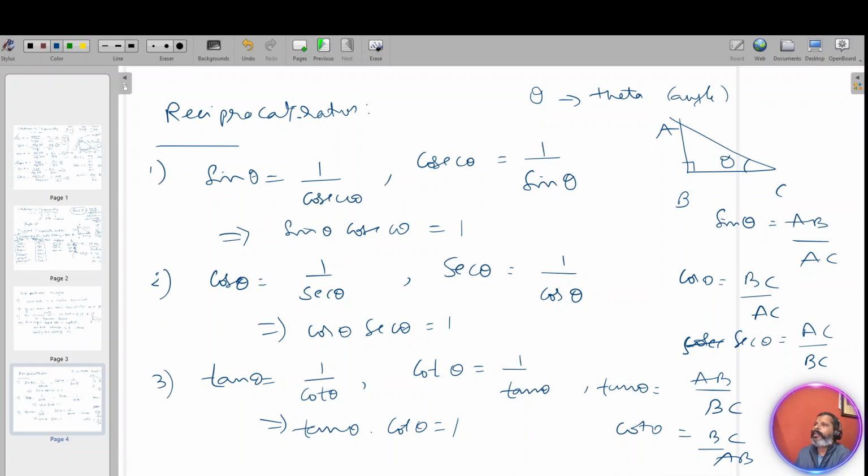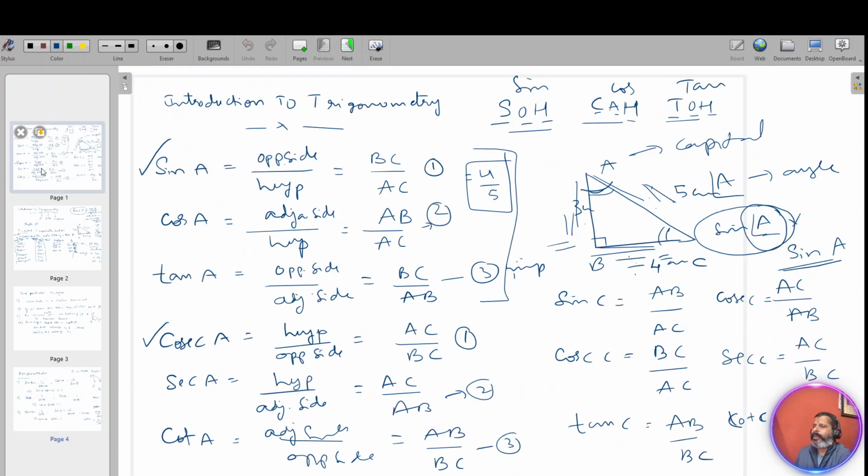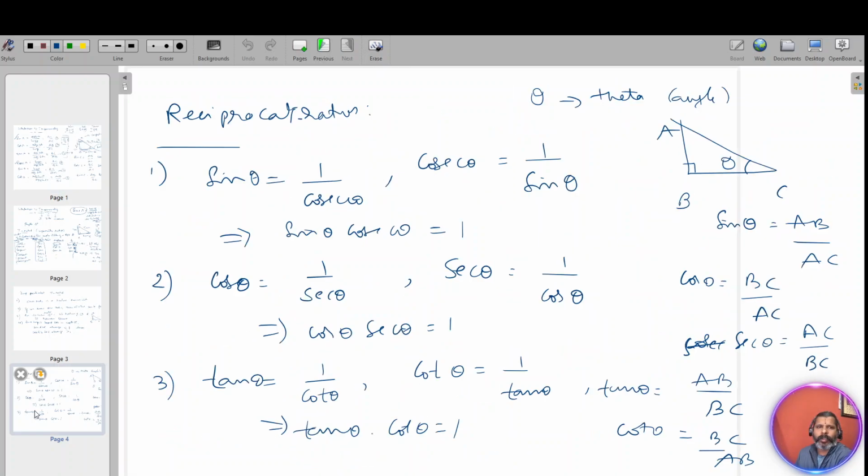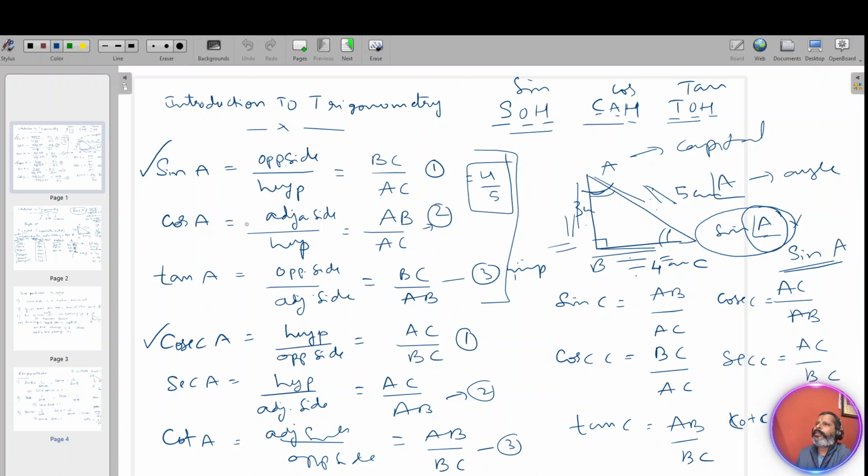Just check out here from the figure, there is one more relation that will come. We'll see that. That's called the quotient relation. You check out here, what is sine? BC by AC. What is cos? AB by AC. Okay, check out. Sine is BC by AC, cos is AB by AC.